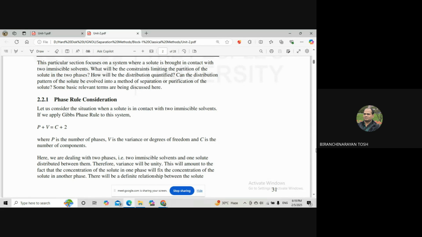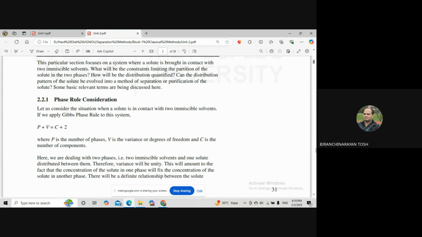For example, if you take a saturated solution of sodium chloride, that means the system consisting of sodium chloride solution and some sodium chloride solid. Between sodium chloride solid and sodium chloride solution, you have the dynamic equilibrium. That means some sodium chloride solid is coming into solution, and simultaneously from solution, sodium chloride is going to the solid state.